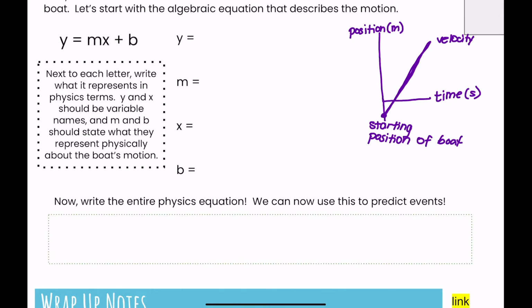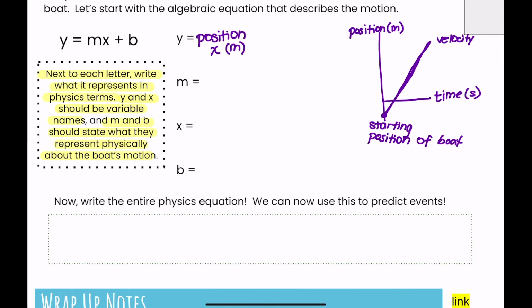Okay, and so here we're going to now, next to each letter, write what it represents in physics terms. Y and X should be variable names, and M and B should state exactly what they represent physically about the boat's motion. So y-axis is our position, and the symbol for position is X in meters.